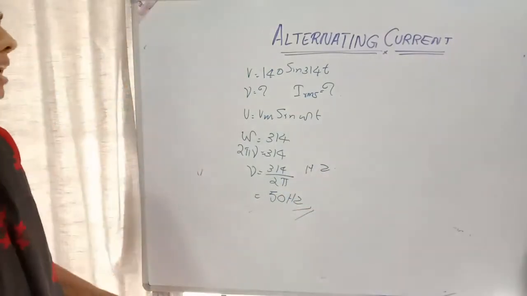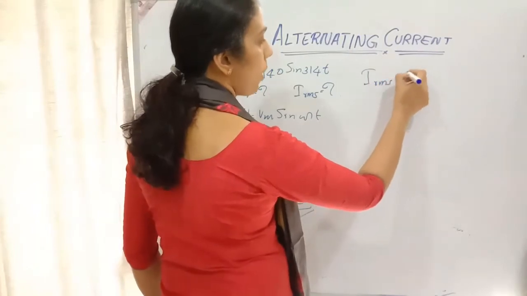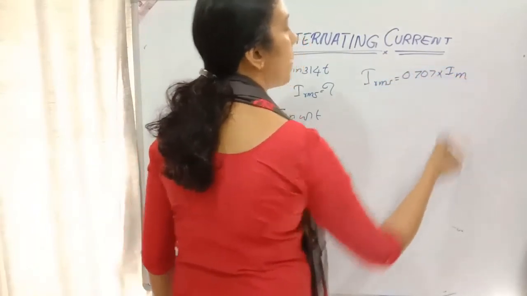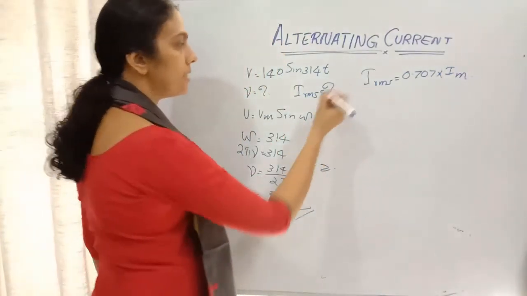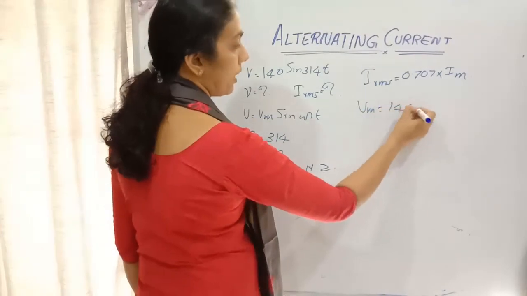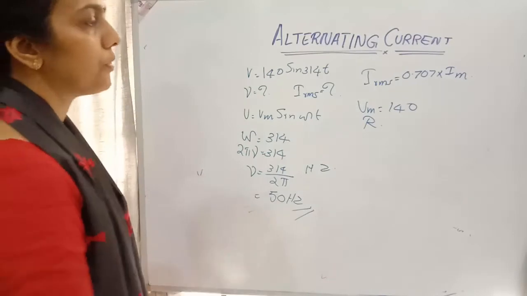Then how can we find IRMS? IRMS is equal to 0.707 times the maximum value of current. Here we know Vm is equal to 140, and the resistance is given in the question, that is 50 ohm.